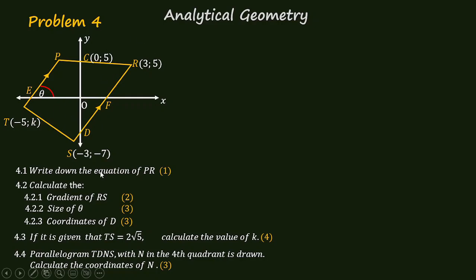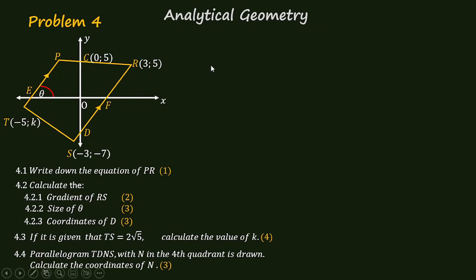The first question wants us to write the equation of the straight line PR. It's 1 mark, which means you don't need to do calculations. Look at the coordinate values; they will tell you what is happening.